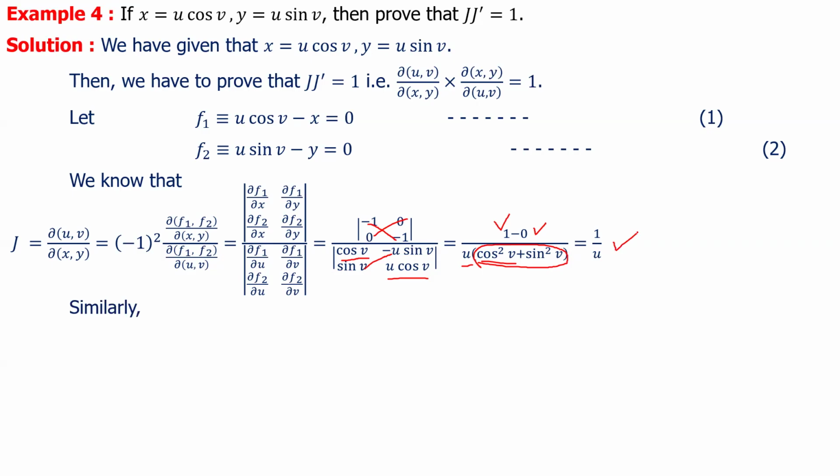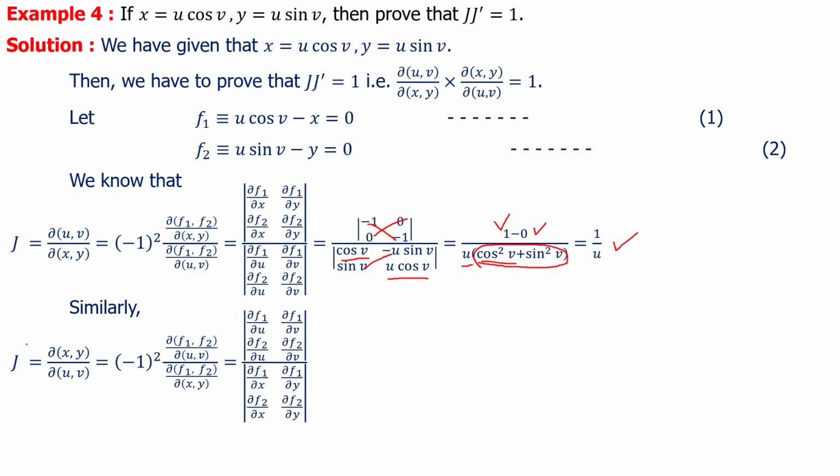Similarly, if we take J, this is J, Jacobian of x, y with respect to u, v, it can also be written as minus 1 to the power 2 Jacobian of f1, f2 with respect to u, v upon Jacobian of f1, f2 with respect to x, y.